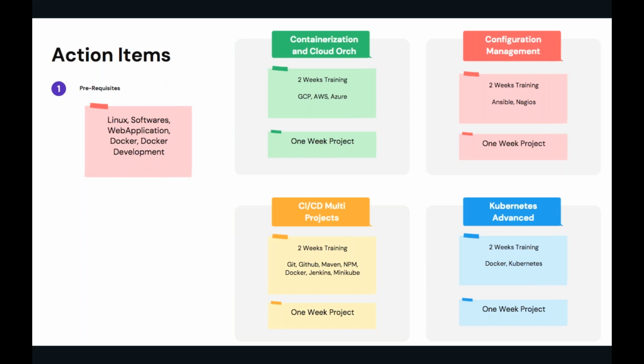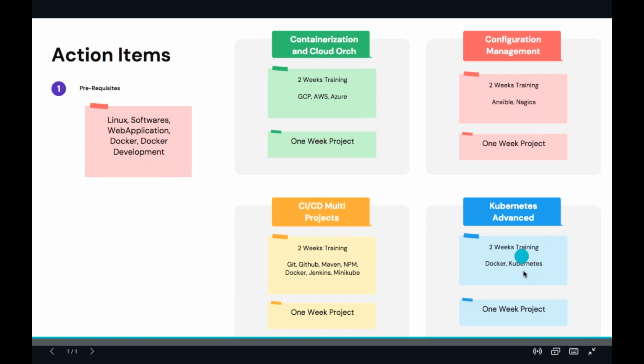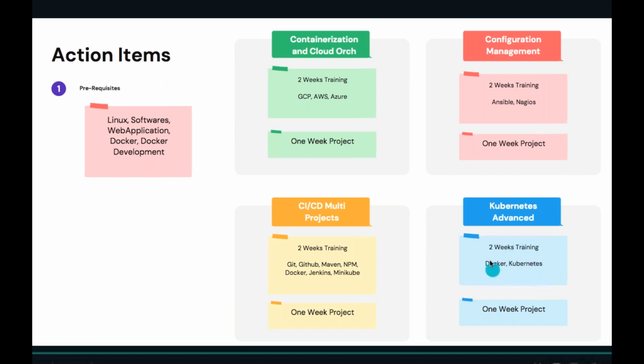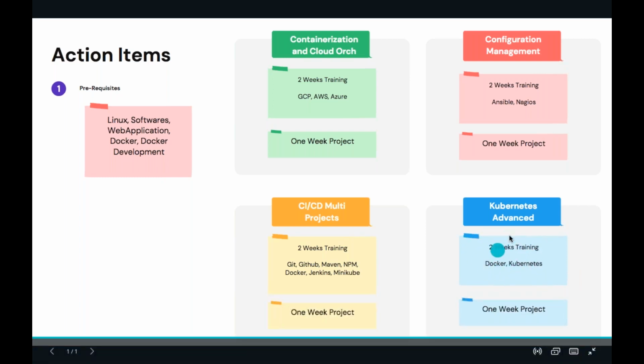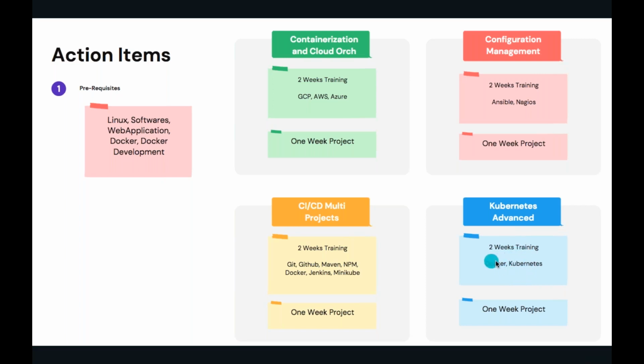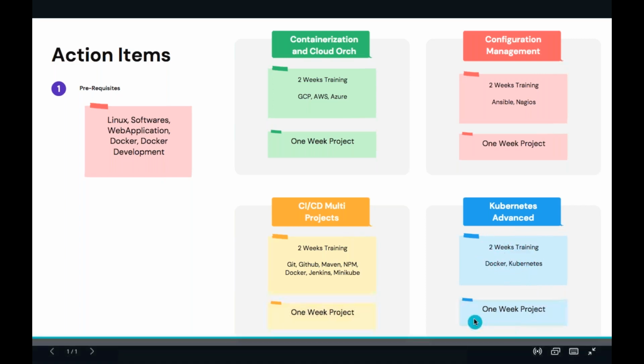Then create machines automatically in the cloud when there is a requirement. There is a lot that Kubernetes tries to solve, and we talk about all those problems and how Kubernetes solves them during the first 2 weeks of training, where we learn Docker and Kubernetes in detail, and then we do a 1 week advanced project.